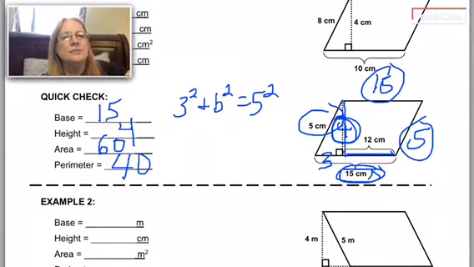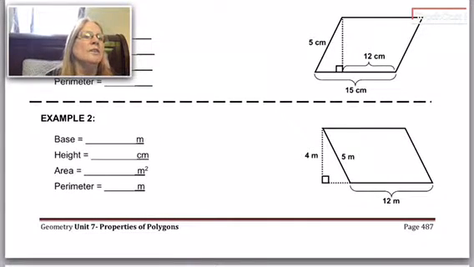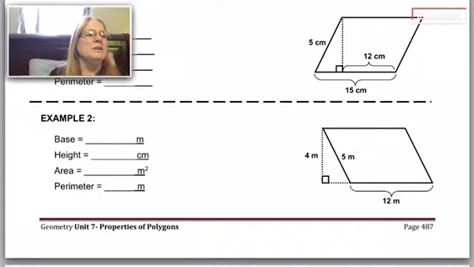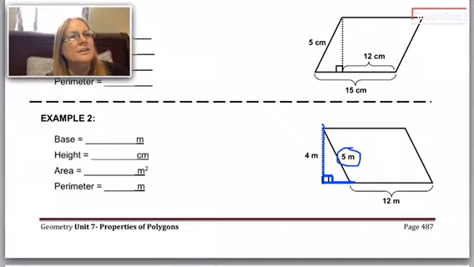Okay, we'll look at example 2. Here, they have drawn the height outside of the parallelogram, which is fine, because all we need is that the height is perpendicular to the base. You can see that this line with this right angle is drawn perpendicular to this base. Be careful here to understand that 5 is the side of the parallelogram.